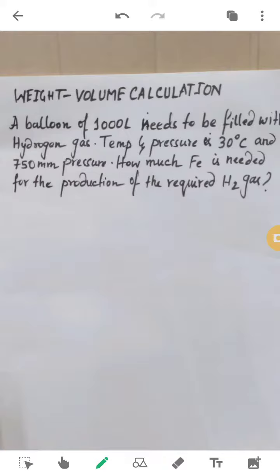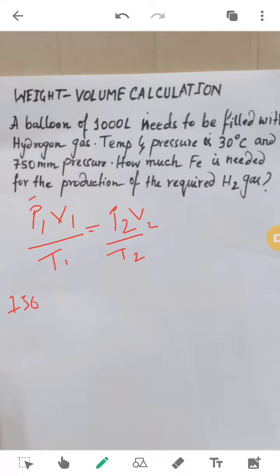The first thing we have to do is use the formula P1V1 by T1 equals P2V2 by T2. So you just put P1 as 750, as it is given here.